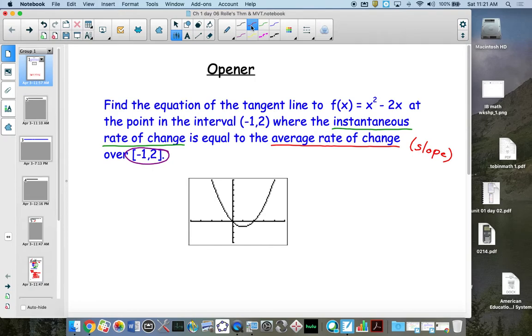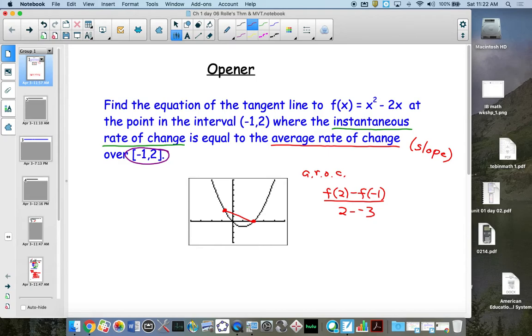Okay, so let's start with average rate of change. At -1 there's a point on our graph, and at +2 there's a point on our graph. So the average rate of change is just the slope between those two points. That's going to be f of 2 minus f of -1 over 2 minus -1.